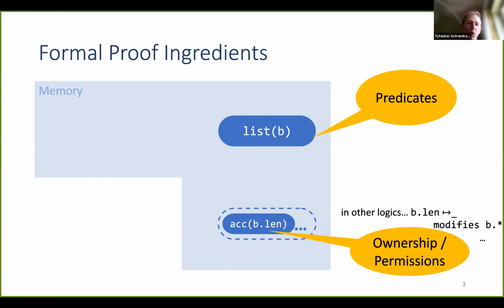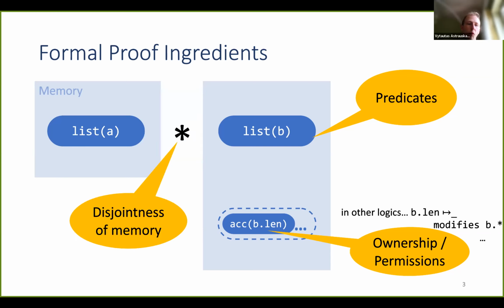Another crucial component is predicates, a mechanism that allows abstracting potentially unbounded memory locations so that we can have, like, a permission to an entire linked list. And if we have two linked lists, then we need some way of expressing disjointness between these permissions.